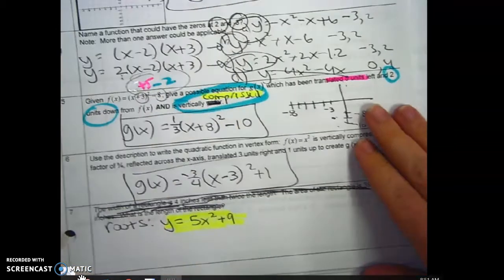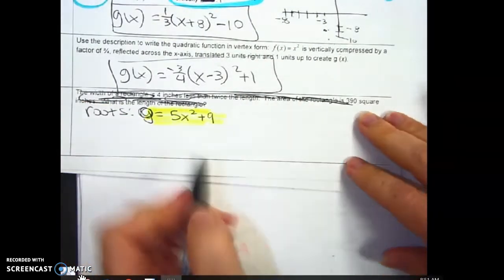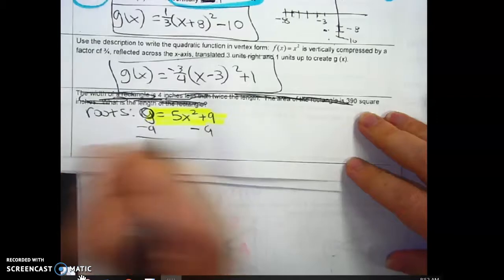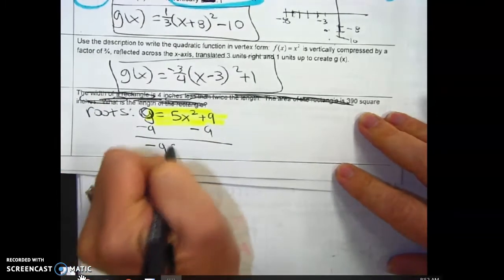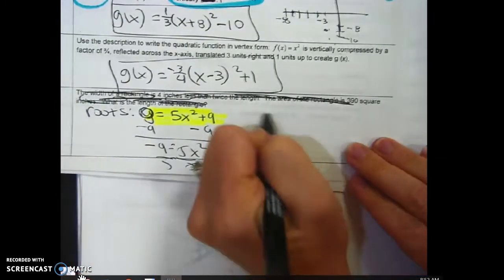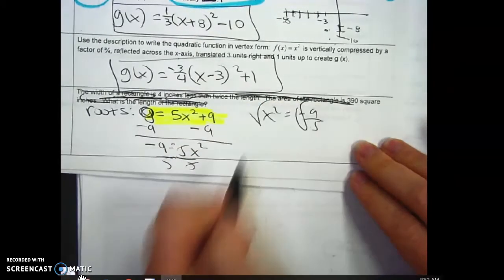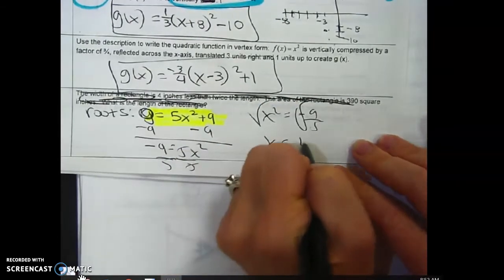Okay? All right, find the roots. When I say find the roots, set it equal to 0. So I'm going to subtract 9. I get -9 equals 5x squared. Divide by 5. X squared equals -9/5. Square root, square root. X equals plus or minus.